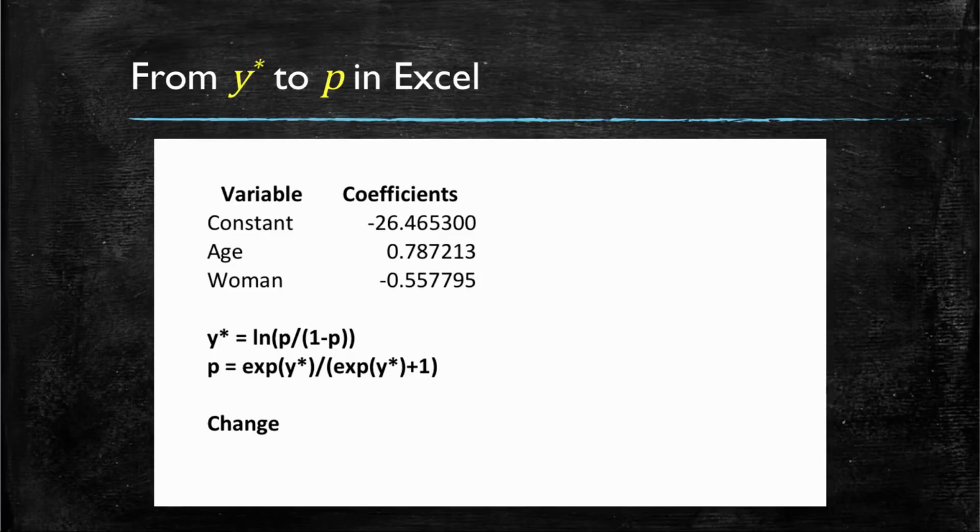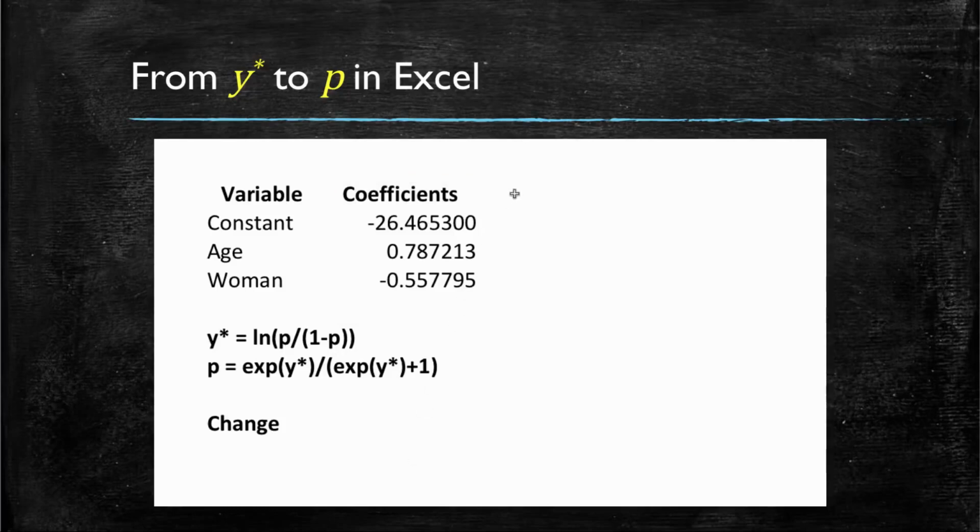Specifically, in this case, I have transcribed the constant term, which is minus 26.46, the coefficient for age, which is 0.7872, and a coefficient for women, which is negative, suggesting women are less likely to subscribe to the magazine, and the coefficient was minus 0.5578.